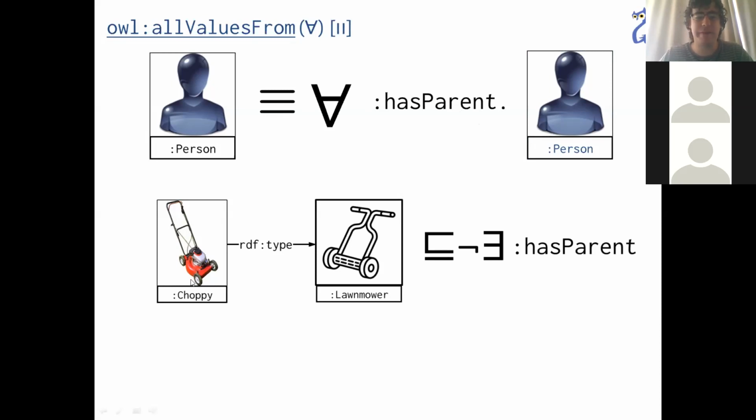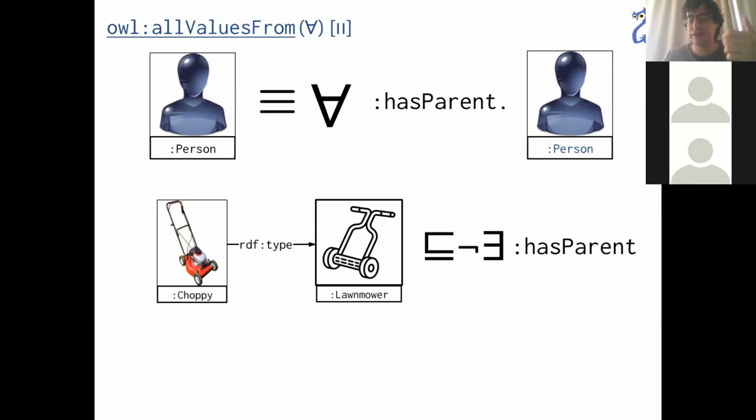So for example, we have that Choppy is a lawnmower, and lawnmower is a subclass of has no parents. Essentially, lawnmowers have no parents. Choppy is a lawnmower, therefore Choppy cannot have any parents.